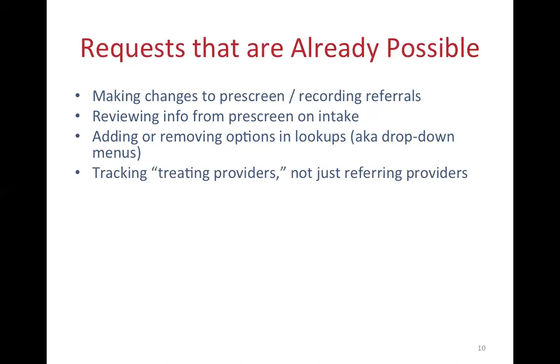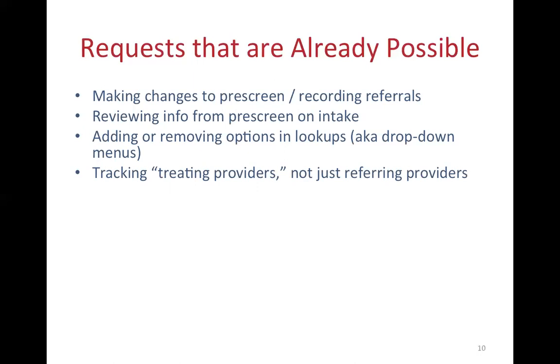An idea that I thought was a great one for medical legal partnerships is tracking treating providers, not just the referring provider. Usually it's one person perhaps making the referral. And this is, I think, especially true for people who get a lot of their referrals through social work or other non-direct patient services. The referrals maybe are not coming directly from a physician or a nurse practitioner, physician's assistant, or so on.